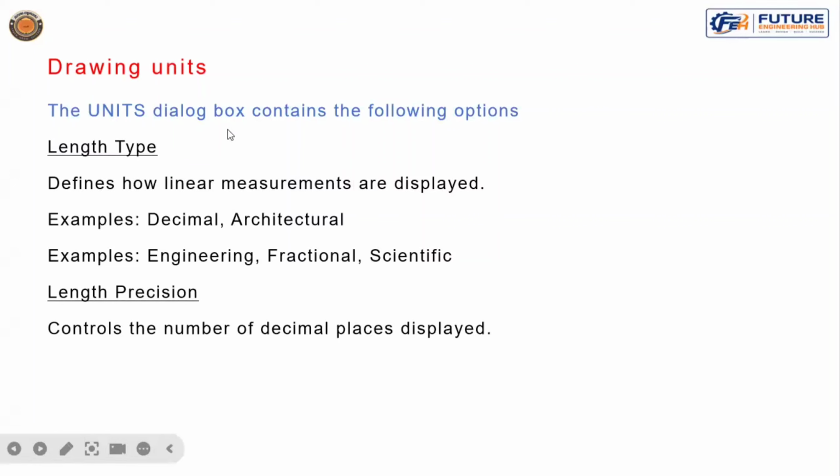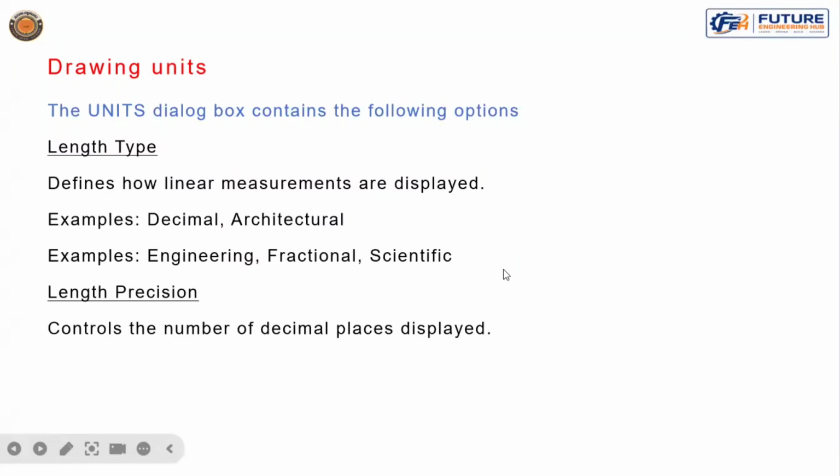The unit dialog box contains the following options. Length type defines how linear measurements are displayed. Example: decimal, architectural, engineering, fractional, and scientific. Length precision controls the number of decimal places displayed.